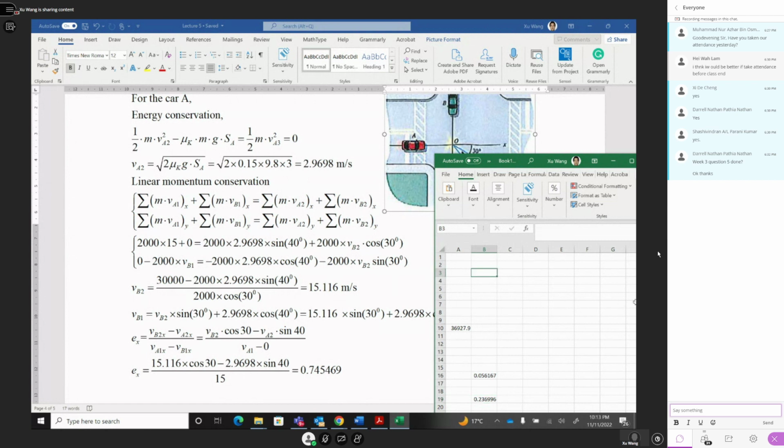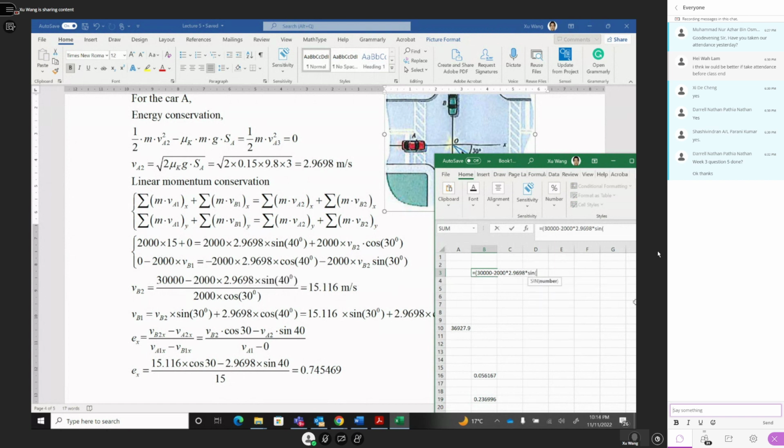So use this formula. Type in this formula equal to bracket 30,000 minus 2,000. Okay, multiply 2.968. Okay, multiply sine 40 degree.